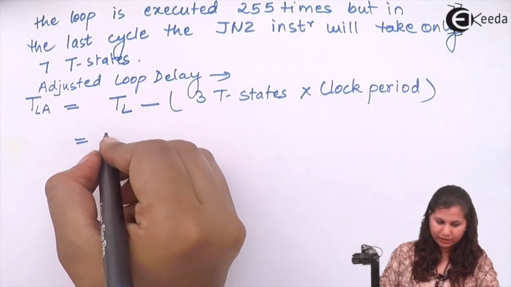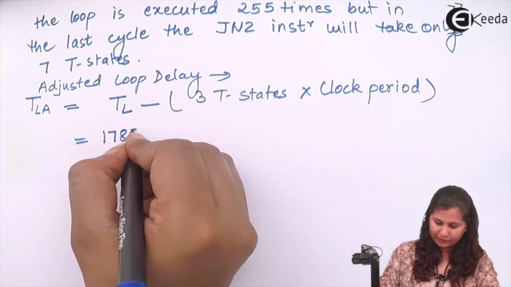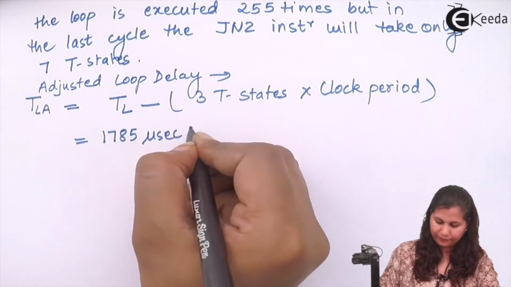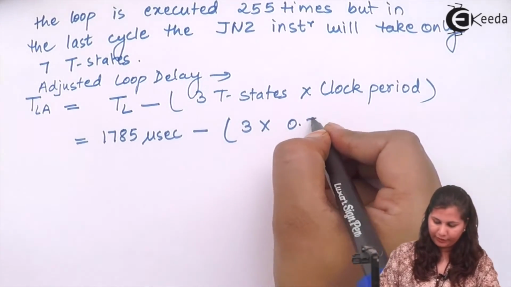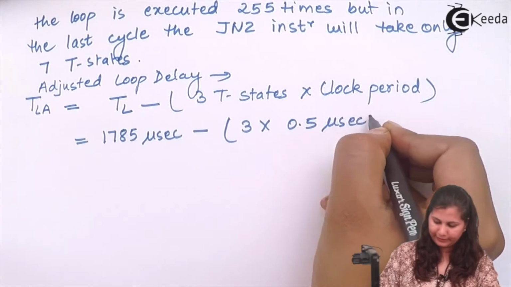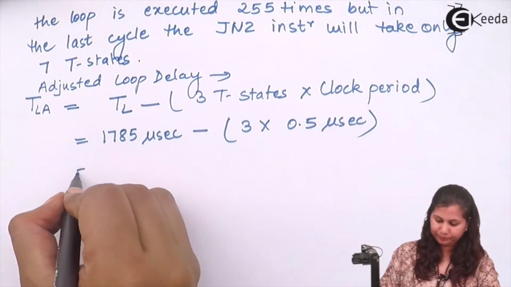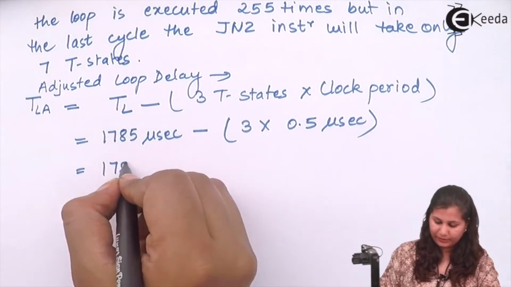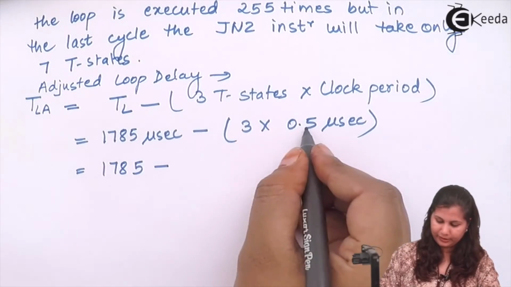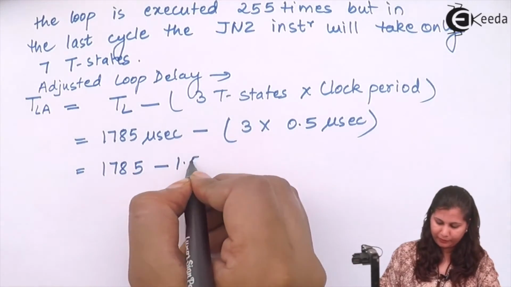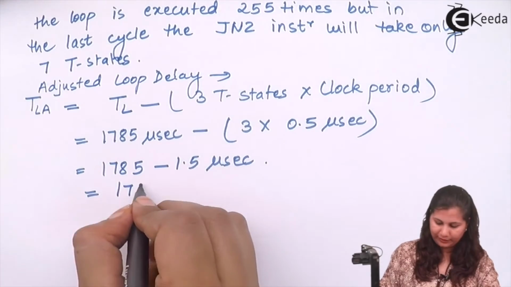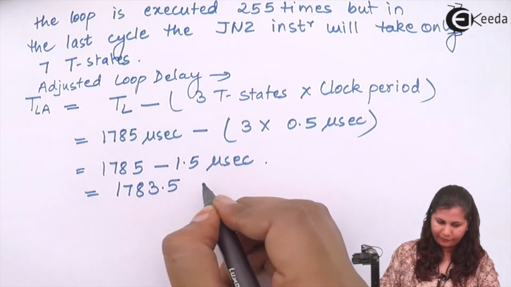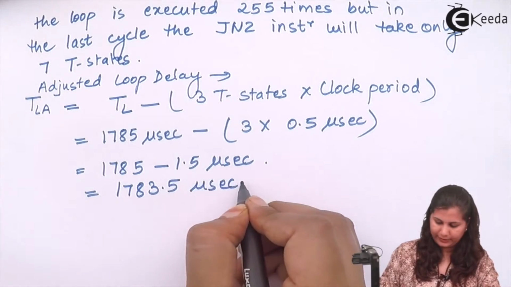TL was coming out to be 1785 microseconds minus 3 into 0.5 microseconds, the clock period. 3 into 0.5 is 1.5 microseconds. So we will have 1783.5 microseconds.